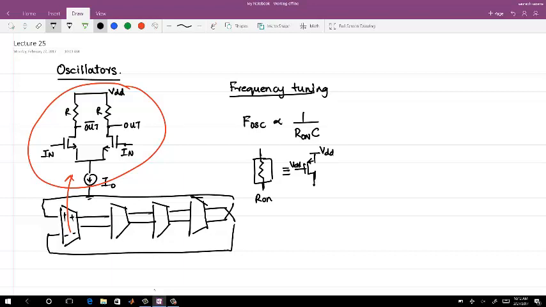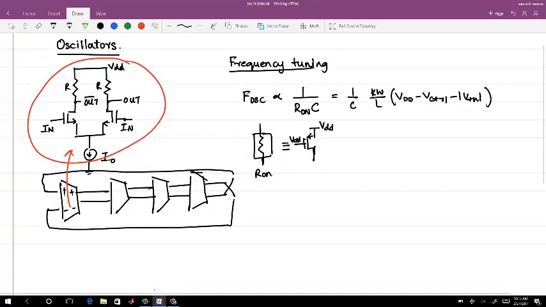So R on C is 1 over C times kW by L into VDD minus V control minus mod VTH, with the first order approximation.